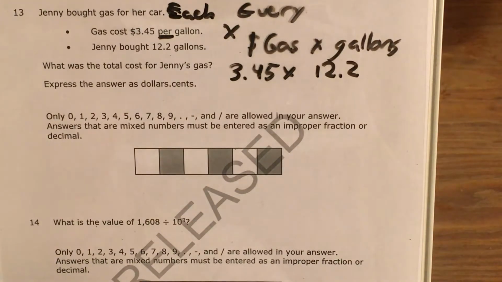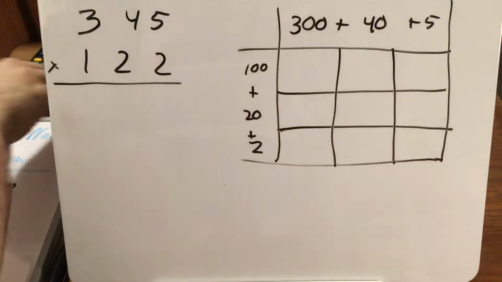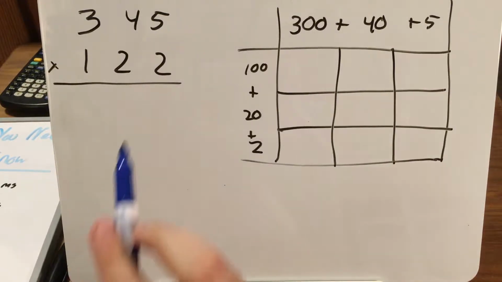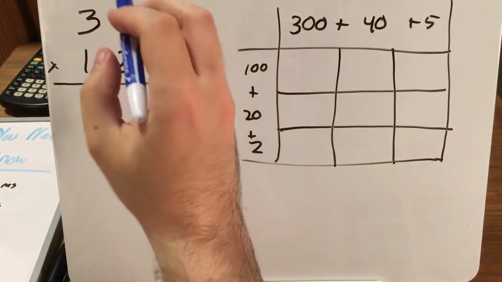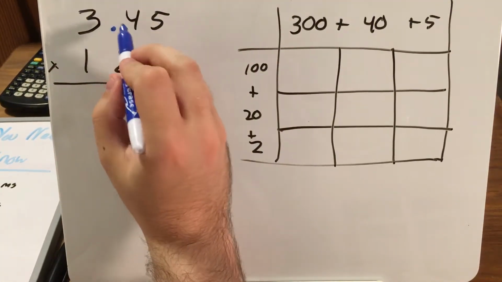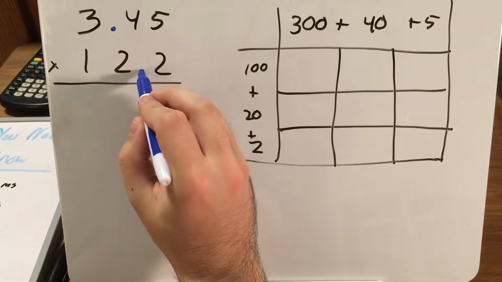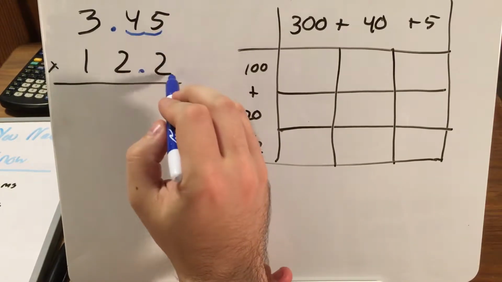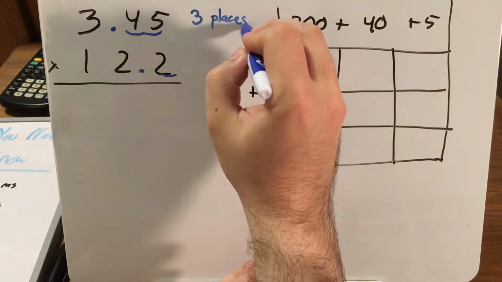Now it's at this point that we get into the part of the problem where we have to multiply decimals. I'm going to cut to when I have my big board out in front of my camera. Alright, so I have my big board now, and I'm preparing to solve this multiplication problem in two different ways. But to start with, I'm going to do the same thing at the outset, because what I'm going to do is remember that this is 3.45, or 3 and 45 hundredths, or $3.45, and this is 12.2, or 12 and 2 tenths, and I'm going to count up 1, 2, 3 decimal places.